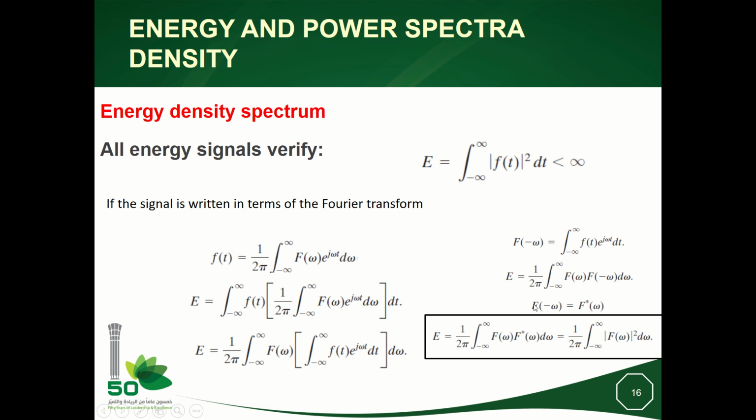But when f is real, I have F of minus omega equal to F star of omega, the complex conjugate. So if I replace F of minus omega here by F star, this is the final expression of E, written as 1 over 2 pi integral from minus infinity to plus infinity of F of omega star F of omega d omega. And this will also give the amplitude squared d omega.